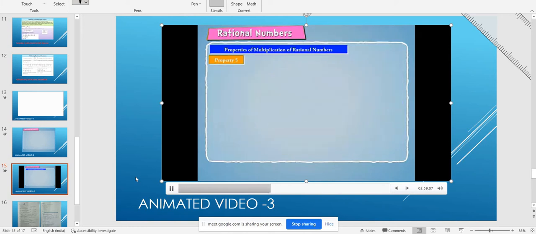Property 5. Let us consider the following examples. 2 by 3 into minus 5 by 6 into 7 by 15: first, minus 5 by 6 into 7 by 15 gives minus 7 by 18, so 2 by 3 into minus 7 by 18 is equal to 1 into minus 7 by 3 into 9, which is equal to minus 7 by 27.